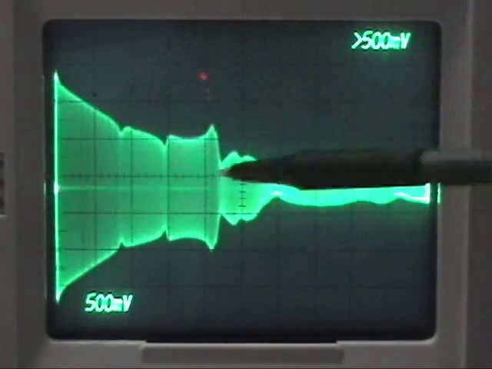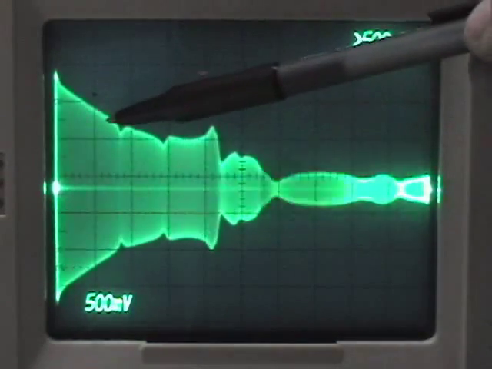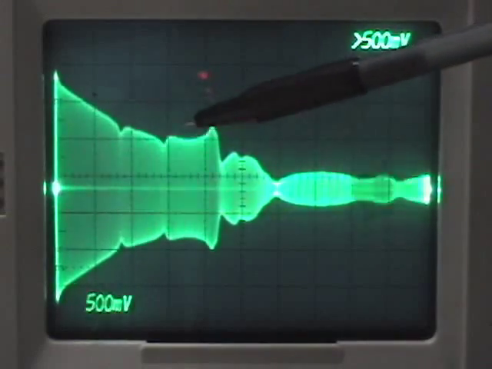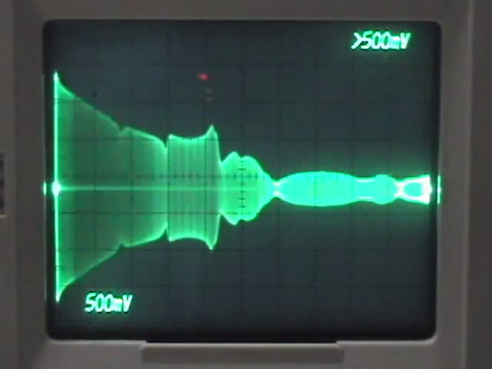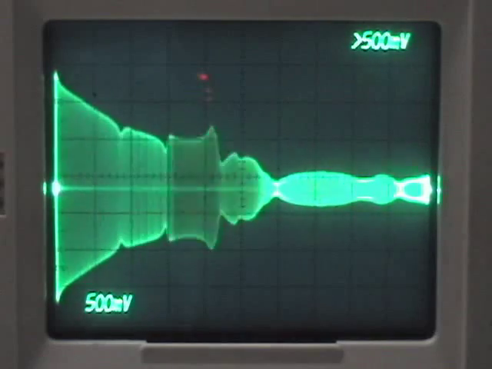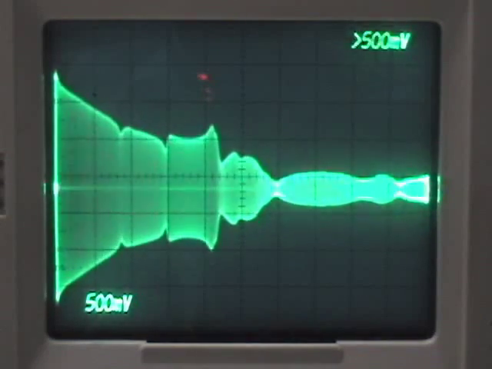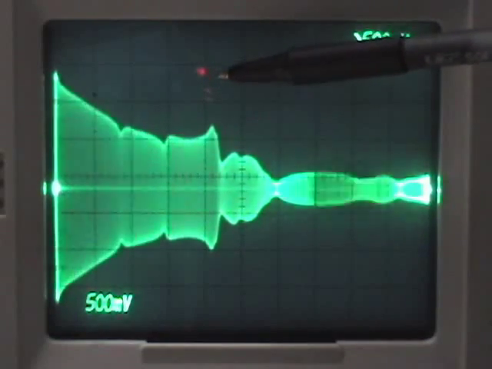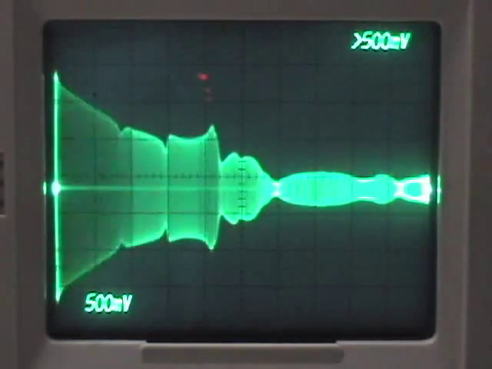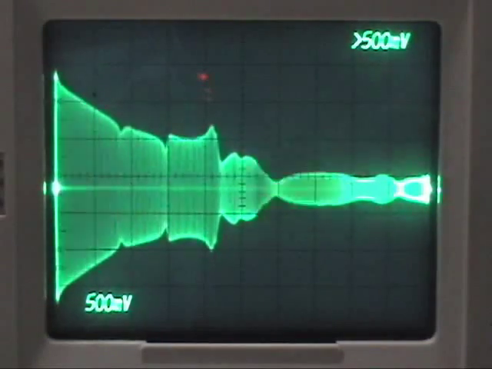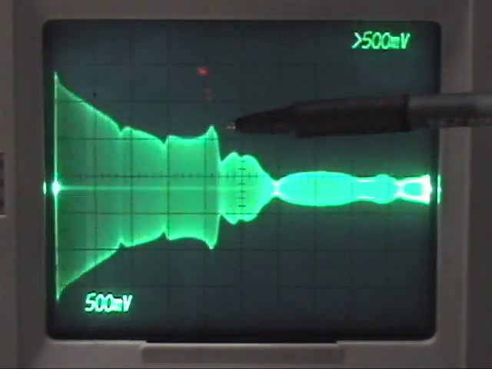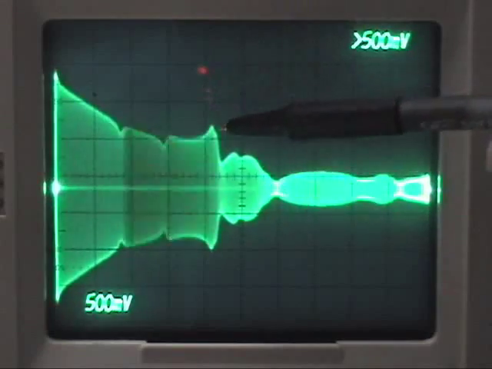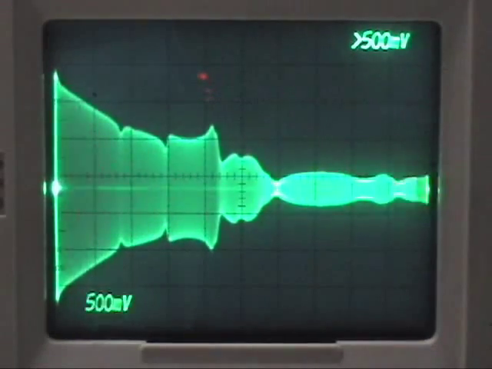Here's our 10 megahertz, 20 megahertz, 30 megahertz, 40 megahertz. So we're pretty good at 40 megahertz or so. That may look pretty drastic as far as the dip between here and up here, but remember, on voltage, 6 dB is half voltage, so that's actually probably less, somewhere around 6 dB at this area here.